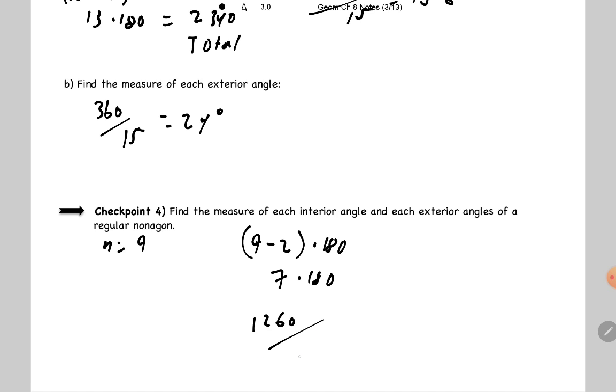Take that 1260 and divide it by how many angles there are. There are 9 of them, and that'll give us 140 degrees for each interior angle. For the exterior, they add up to 360. Divide that by 9 angles, and you'll get 40 degrees for the exterior.